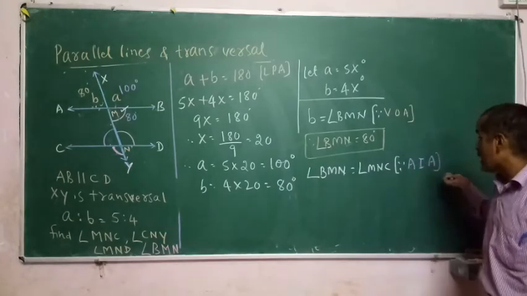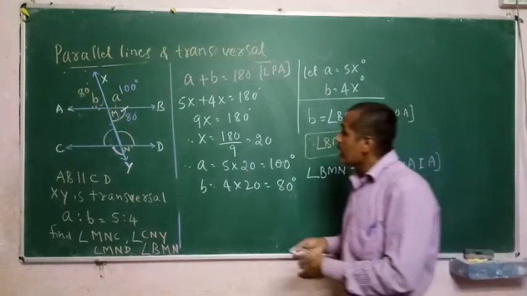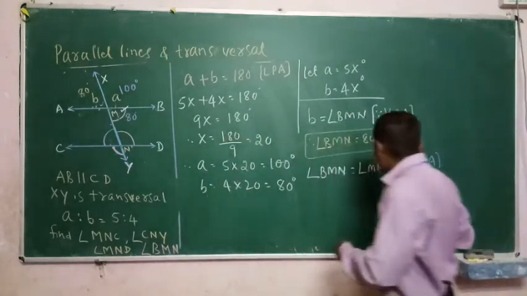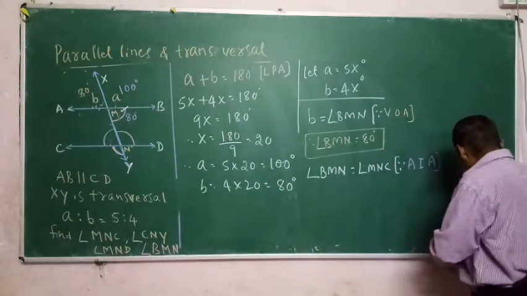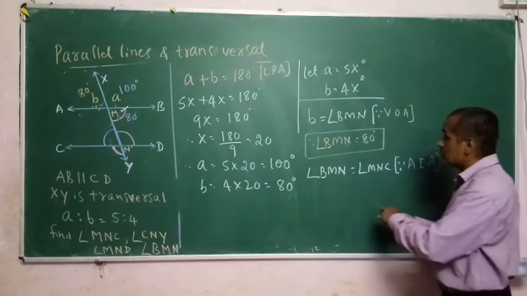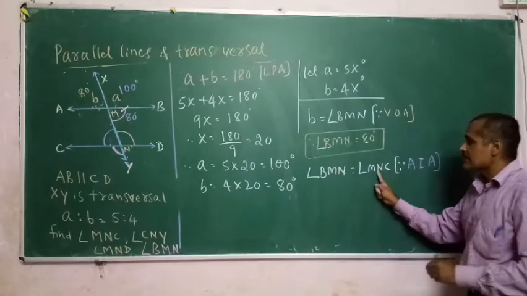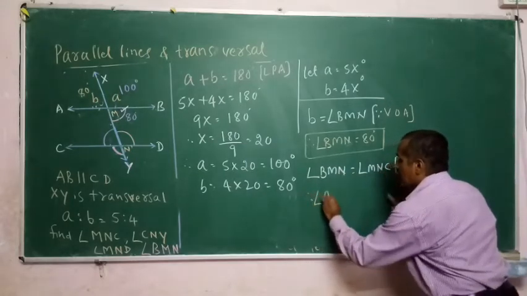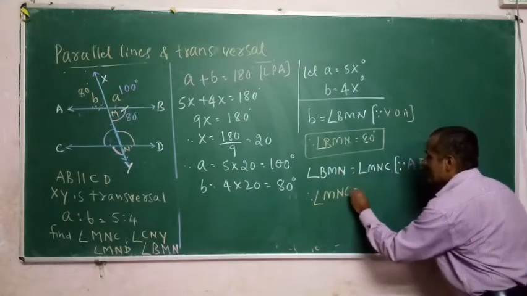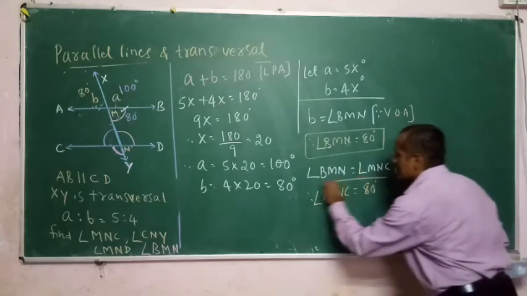They are called alternate interior angles, and know that they are equal to each other. Which angle is known to you among these two? BMN is known. This is 80. That means this is also 80. Therefore, angle MNC is also 80 degrees.